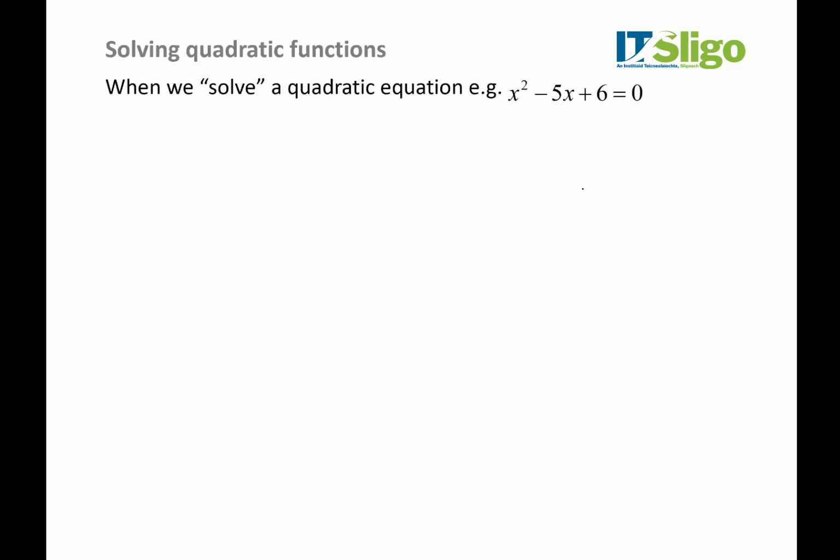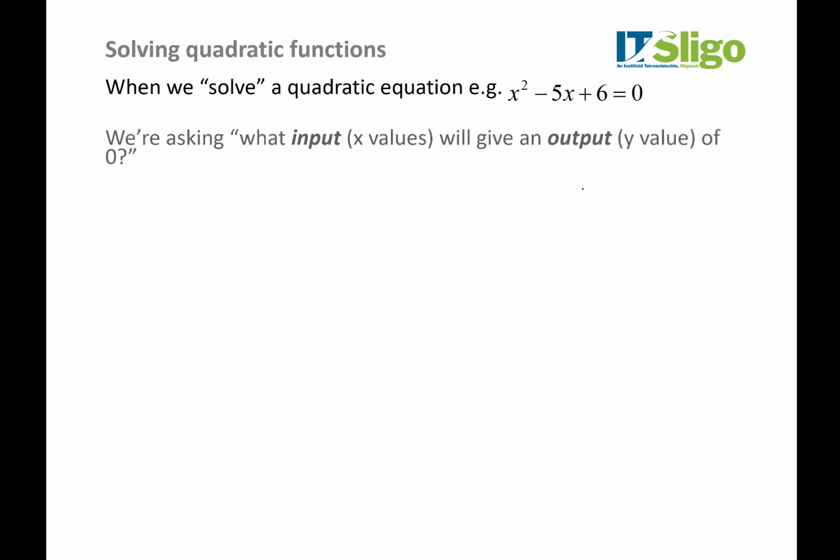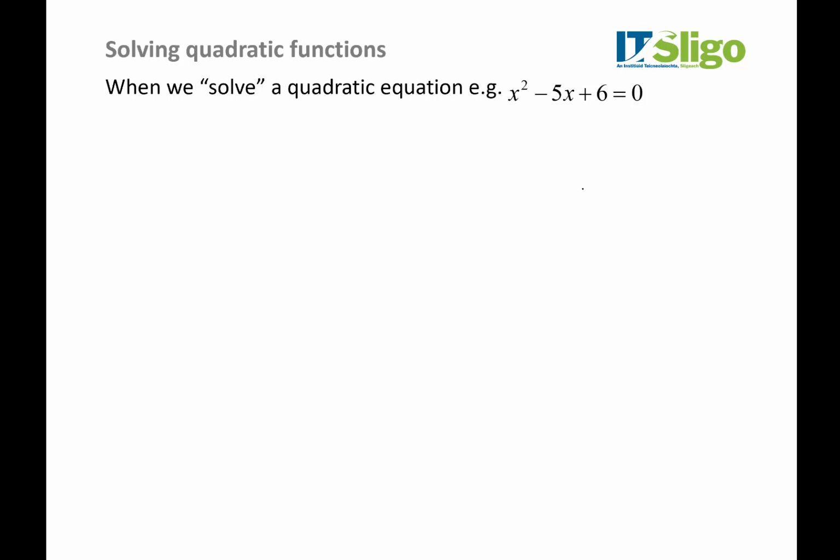Now we're going to look more at the maths of stuff, the analysis part. So when we're asked to solve a quadratic equation, for example this one here, what we're really asking is what values of x. If I feed a particular value of x in there, I want to get an output equal to 0.